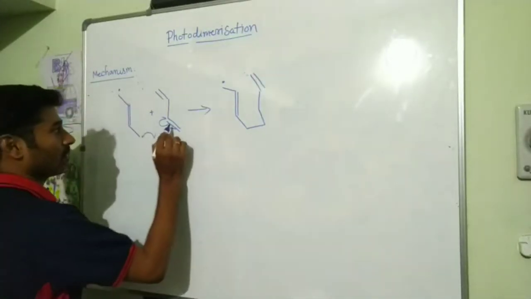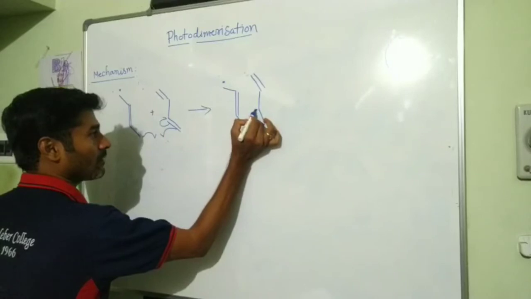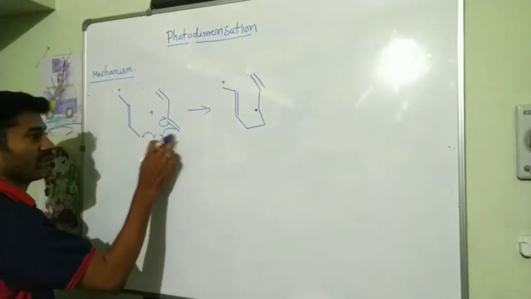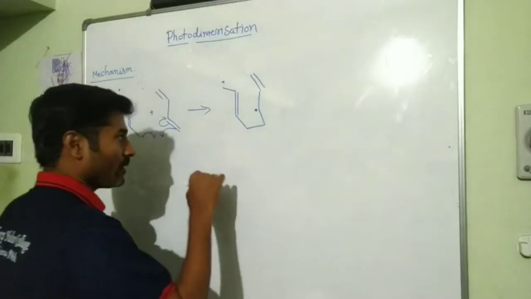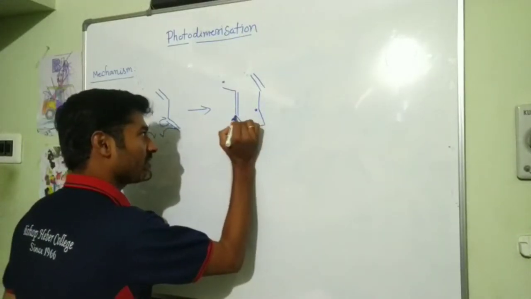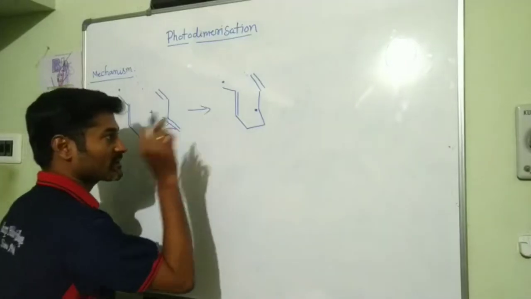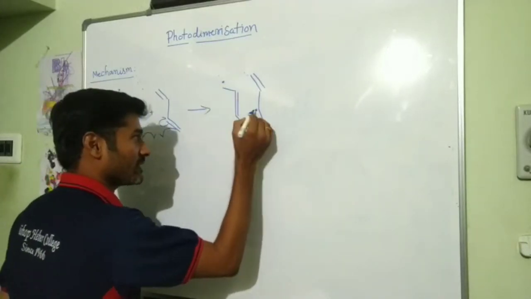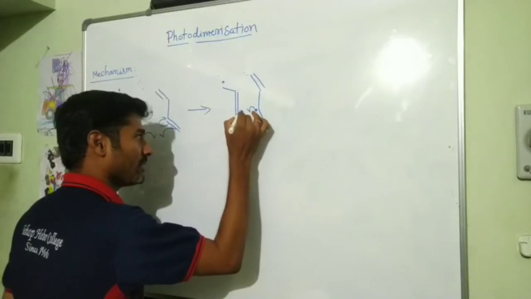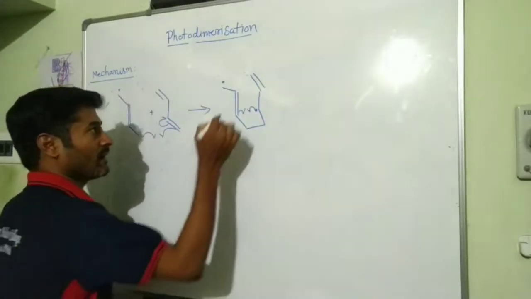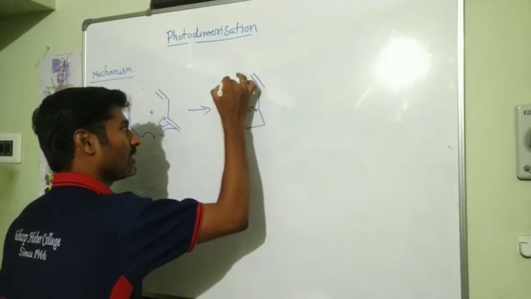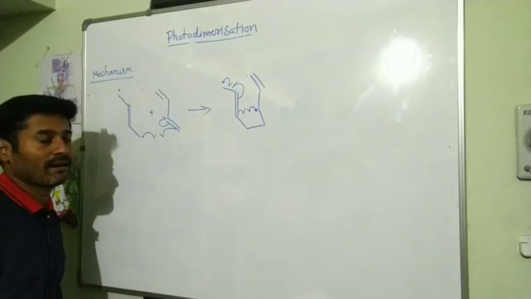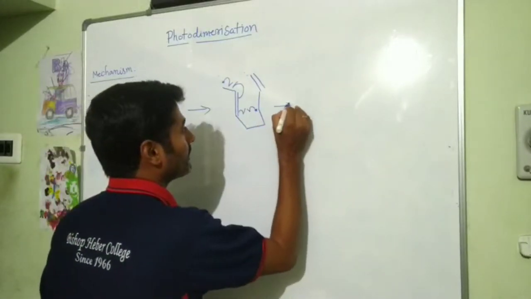Now here there will be one radical electron, and this is a new bond formation between these two carbons. Now this will interact with this carbon. Since this pi bond has two electrons, one electron will be here, another electron will be here, so this will come and interact with this carbon, and this electron will go and form a pi bond with this terminal radical.